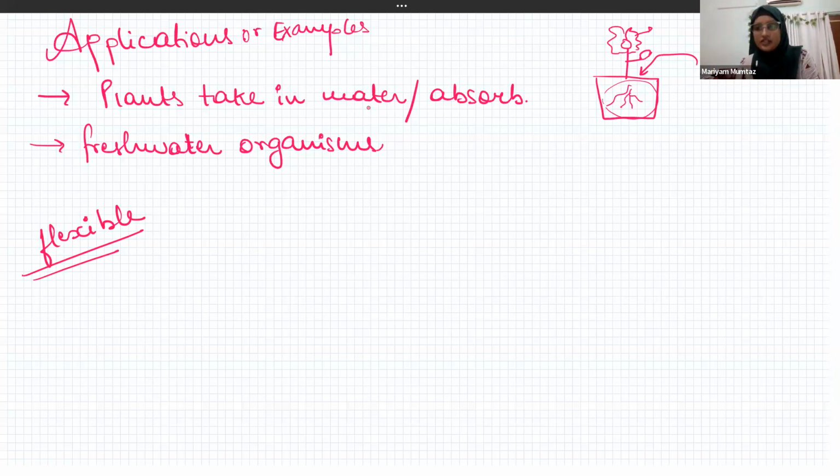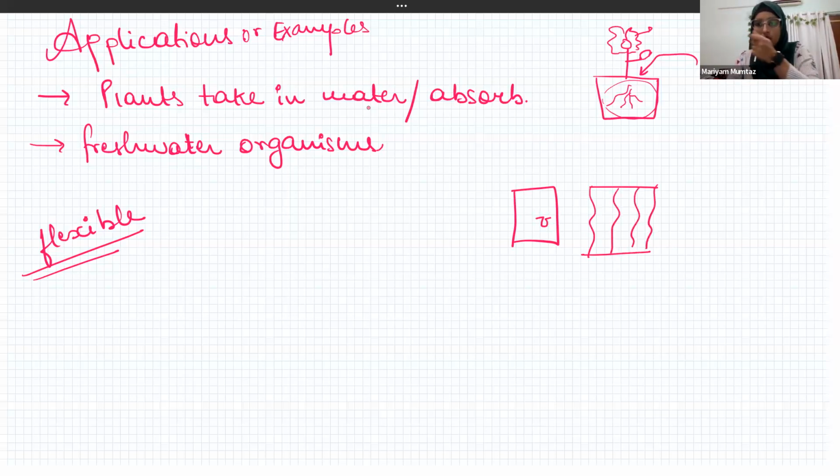Had it been rigid, would it allow? No, right? I'll take an example of a door. This is a very bad door. And I'll take the example of a curtain. If I have drawn out the curtain and closed the door, which of the two would be easier for you to go out or come in from?